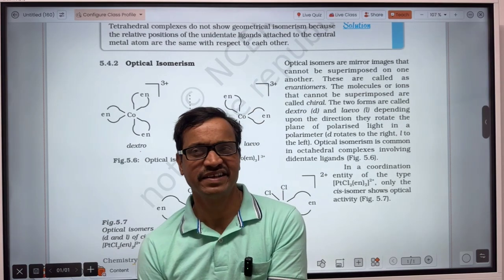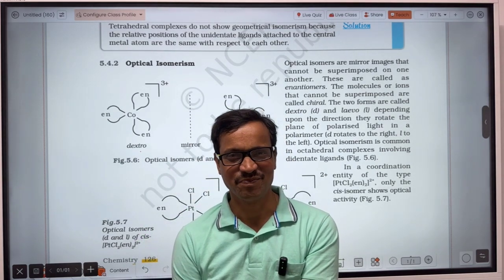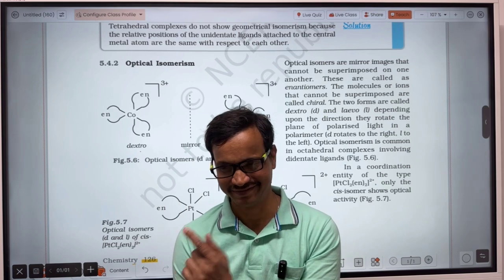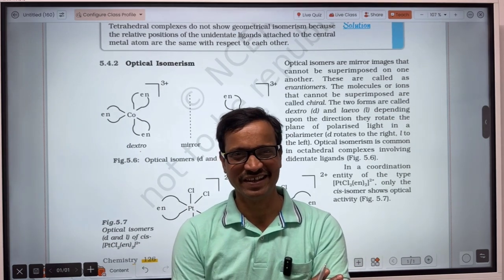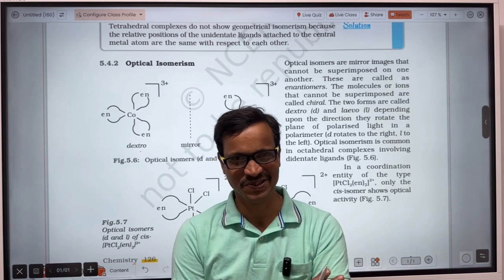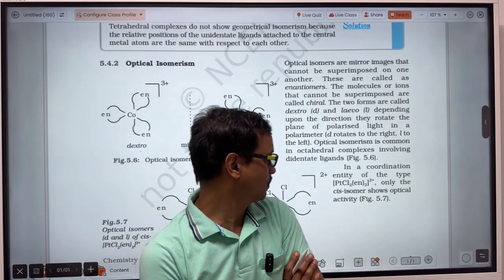If the bidentate ligand is towards the right, then the compound will be levorotatory. The optical activity will be opposite to the direction of the ligand.